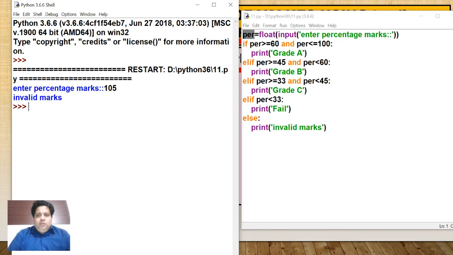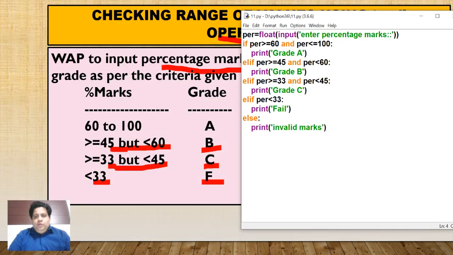Clear? Now see the importance of greater than or equal to. Suppose you forgot to write greater than or equal to. Here you forgot to write per greater than or equal to 60. Now if somebody enters percentage marks 60, this condition is false. Why?